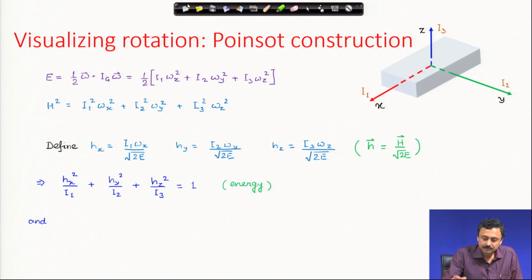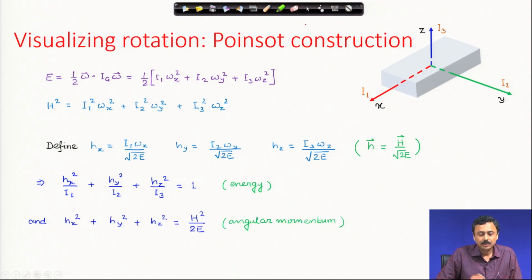and the angular momentum magnitude conservation constraint, h square being constant, boils down to this expression: h x square plus h y square plus h z square is equal to h square by 2e. What is this? This is nothing but a sphere, and this therefore represents the angular momentum conservation constraint.